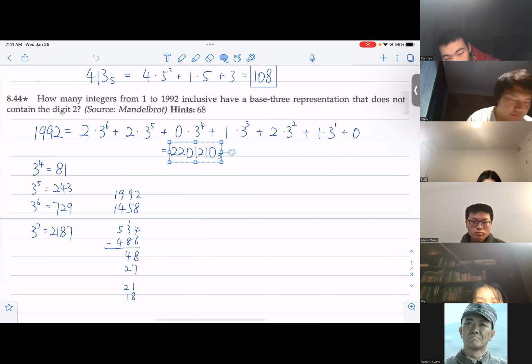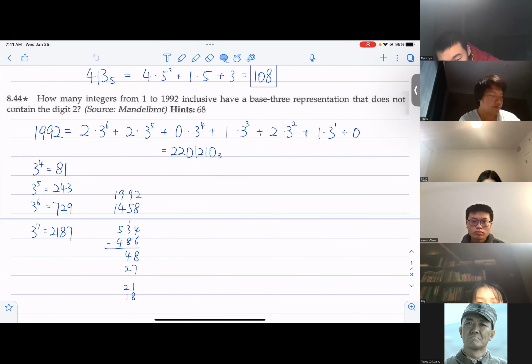Now notice that this number contains a lot of 2s, so you can imagine that numbers that are close to this number don't work, right? They have to use a 2. If you look at the leading digit here, that's a 2, right? So for example, 1991 or 1990 or 1989, 1988, all of these integers wouldn't work, because they will start with a 2. Does that make sense?